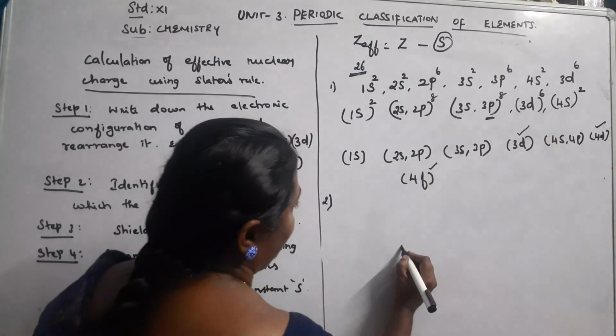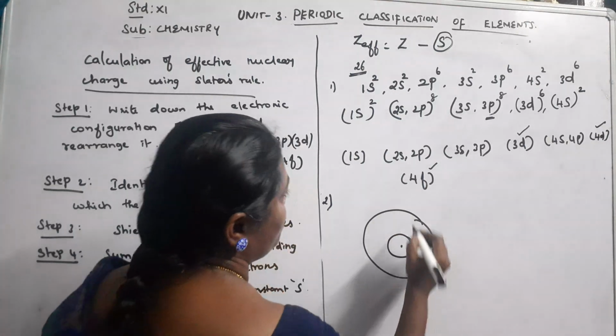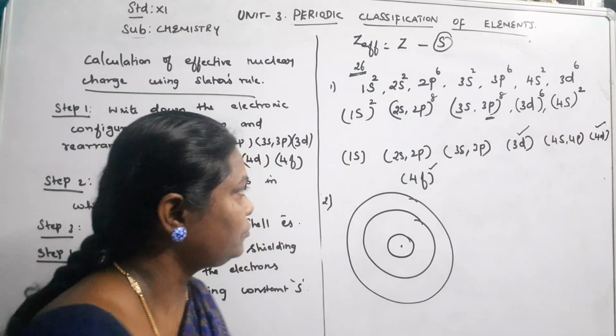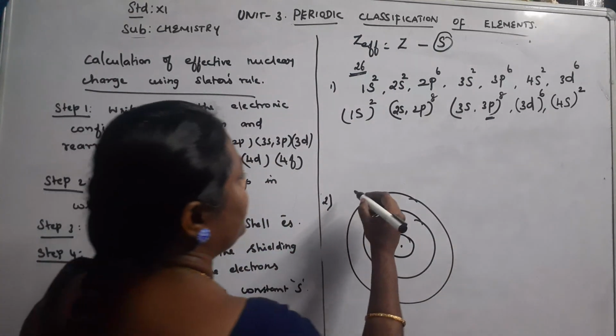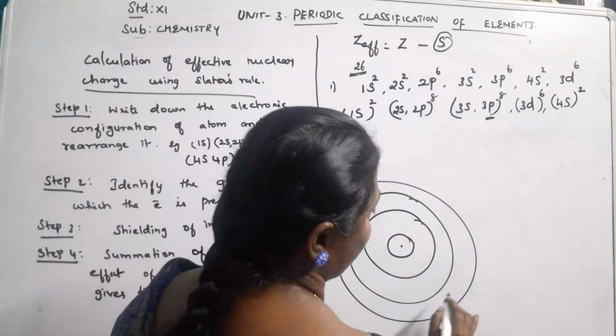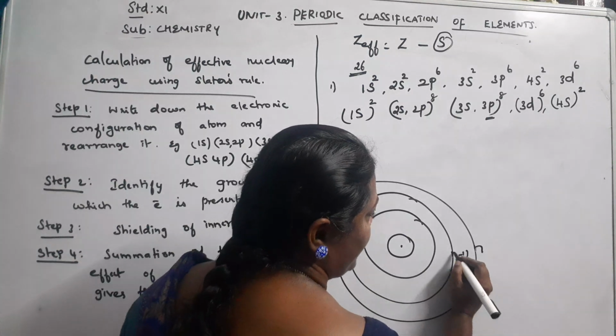Shall I draw the diagram? First here 1s, here 2s, 2p, then 3s, 3p. Here this is the nth shell, and this is the n minus 1 shell.